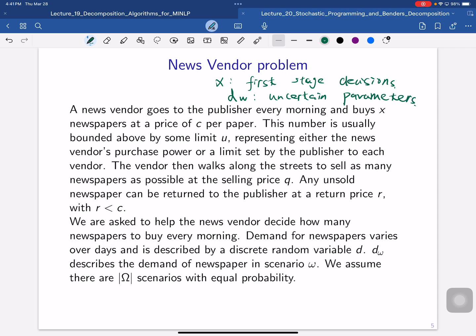And then the second stage decision would be how many you are able to sell based on the demand. Of course, you are going to sell as many as you can.